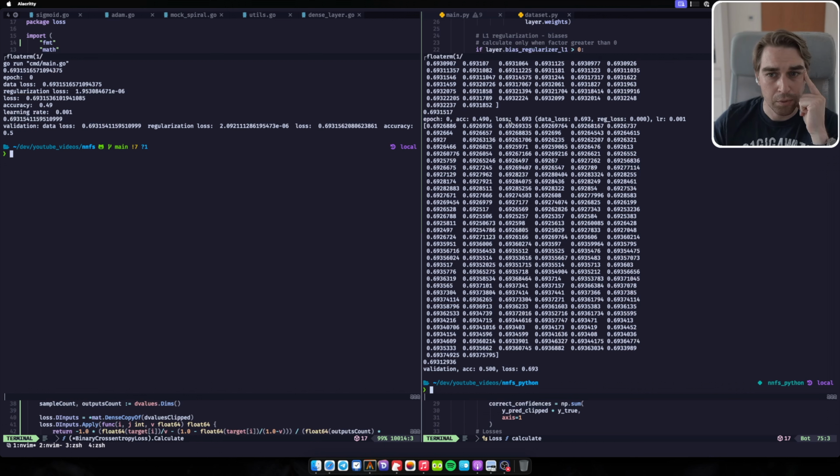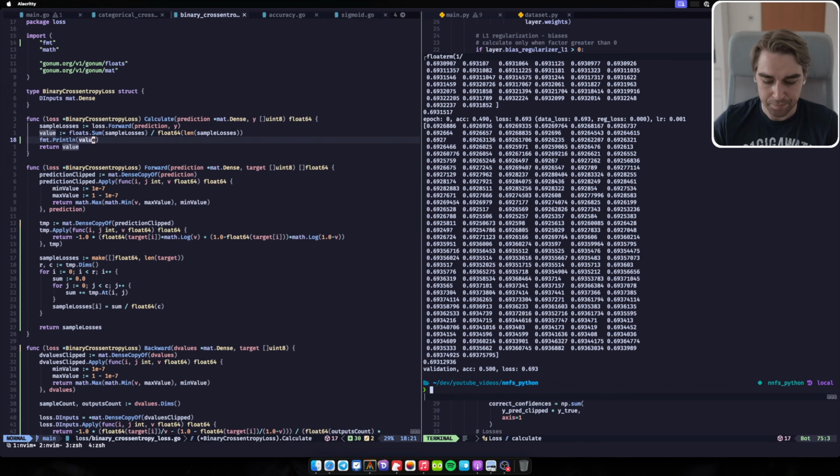Loss, data loss. We have the regularization loss for some reason. Oh wait, no, learning rate is the same, accuracy is the same, loss we have 0.3, we have the regularization loss, which is purely 0, and we have the data loss.